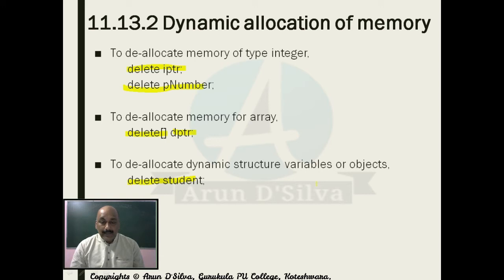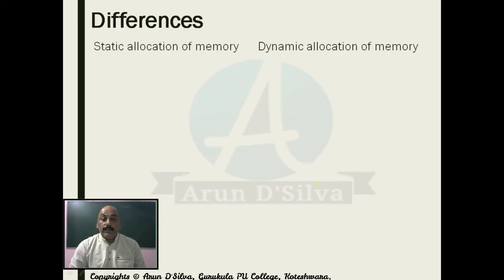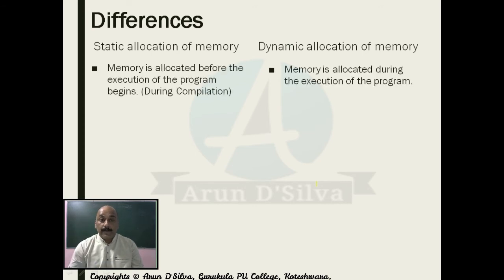Going forward, I wanted to put in front of you the difference between static allocation of memory and dynamic allocation of memory. The first difference is that in static allocation the memory is allocated before the execution of the program, that is, during compilation time.